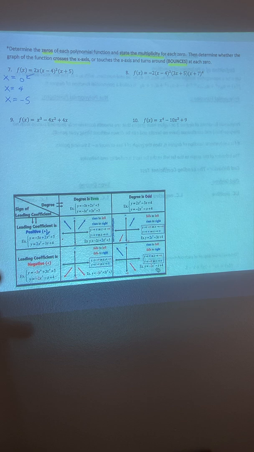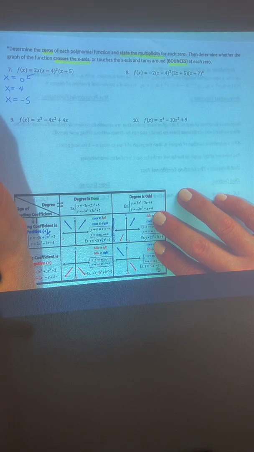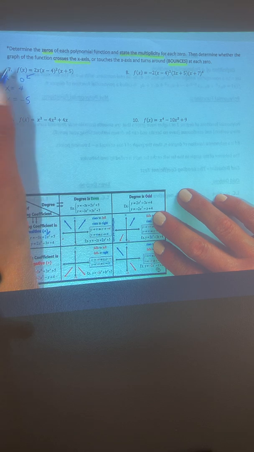Now, next, I'm going to take the multiplicity, and then I'm going to decide if it crosses or bounces. Okay, so basically, if it's odd, it crosses. I'm sorry. If it's a multiplicity of 1, see how it's a multiplicity of 1 here?